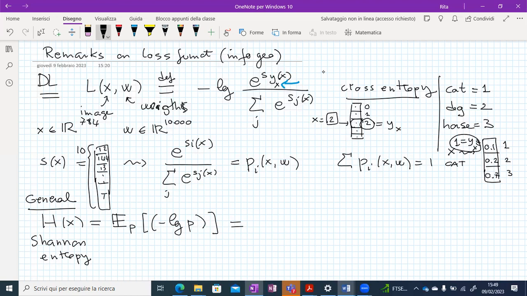Clearer? Yes or no? Why not 2 or 3? Because we decide from the beginning that every time we have a cat, we say this is label 1. Every time we have a dog, this is label 2. And every time we have a horse, it is label 3. Okay.